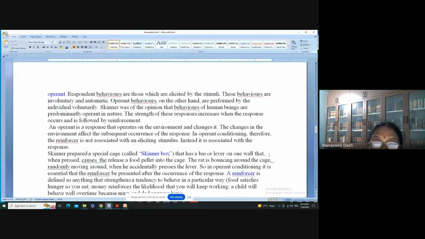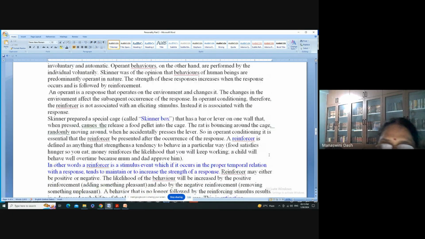The animal shows a particular response, and as a result of the operant response, a reinforcer is given.